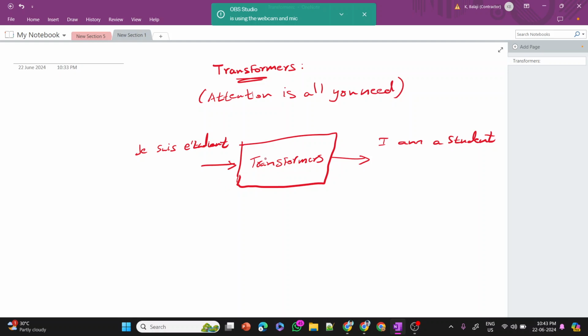Or we can train a transformer to summarize text. For example, we give 100 lines of text, and the transformer will summarize the overall text into 5 to 10 lines.